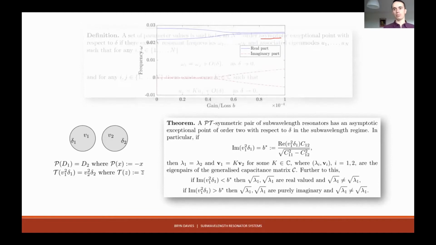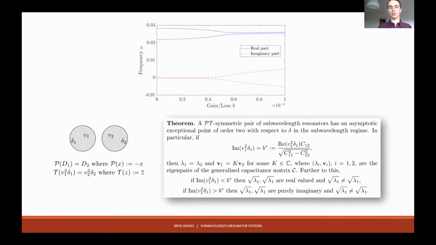In order to make clear the asymptotic nature of these exceptional points, we can simulate the full system numerically. So you see here the real and imaginary parts of the resonant frequencies, and you can see that there is an asymptotic exceptional point when the magnitude of the gain and loss is somewhere around 5 times 10 to the minus 5.